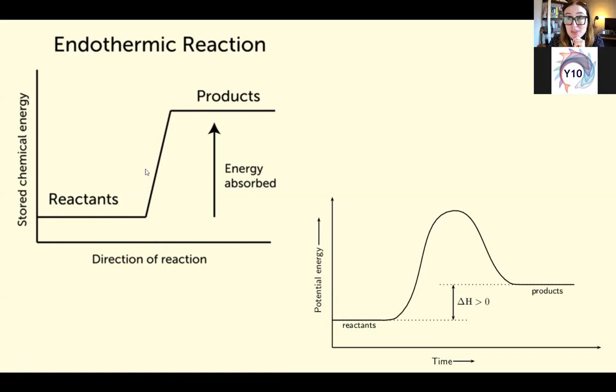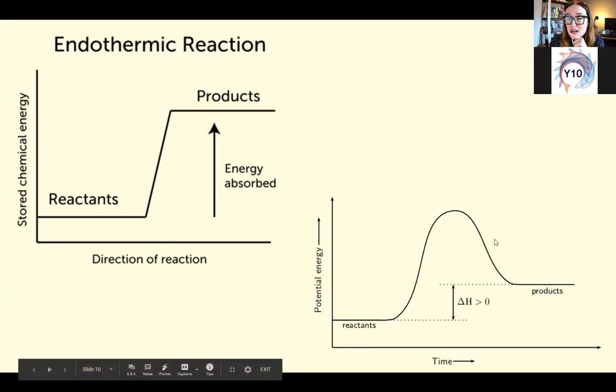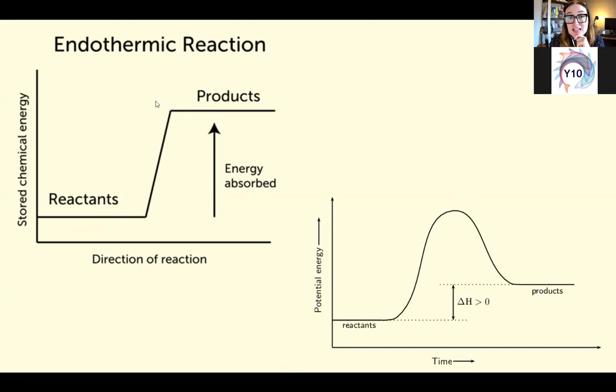And just like with exothermic, you can also draw the activation energy at the top here. So the reactants absorb heat from the surroundings to make the products, okay? So heat is absorbed from the surroundings to make the product.